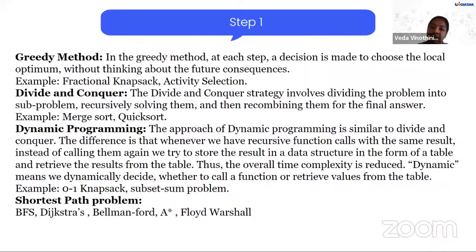Finding the optimal solution is the good programmer's work, right? So you want to find the best algorithm or best solution out of all these 6 solutions. For finding that, you can use algorithms like greedy method, divide and conquer, dynamic programming, or shortest path problem. There are plenty of things available. So you need to understand these things as the first step.